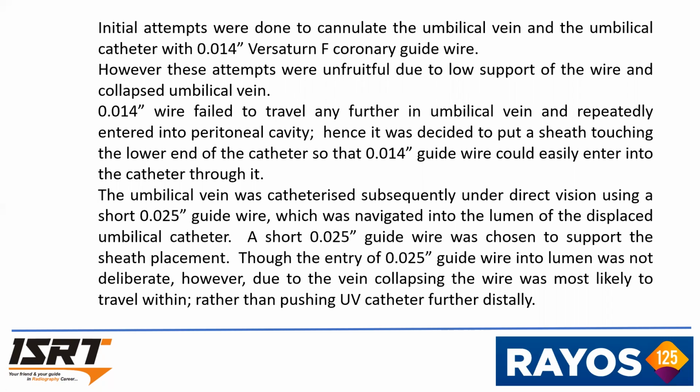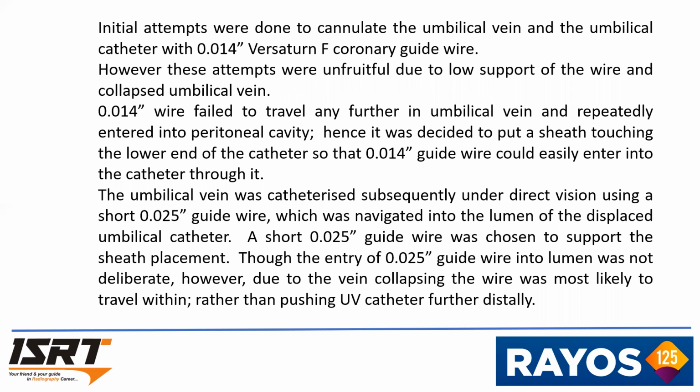The 0.014 inch guide wire failed to travel any further in umbilical vein, repeatedly entering into peritoneal cavity. Hence, it was decided to put a sheath touching the lower end of the catheter so that a smaller guide wire can easily enter into the catheter through it.